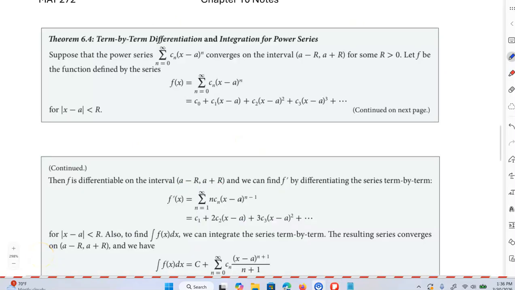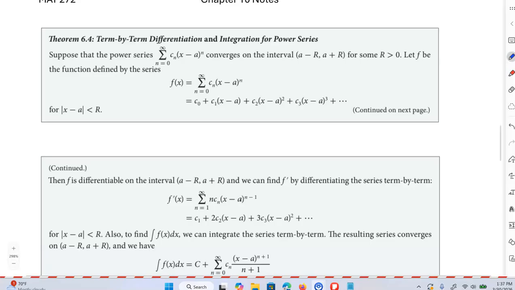So now let's look at derivatives and integrals of power series. Suppose that the power series, the sum from n equals 0 to infinity of c sub n times (x minus a) raised to the nth, converges on the interval from a minus capital R to a plus R, and that's an open interval for some R greater than 0.